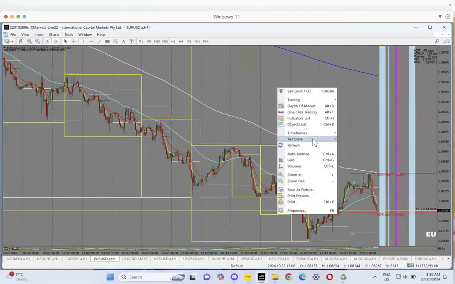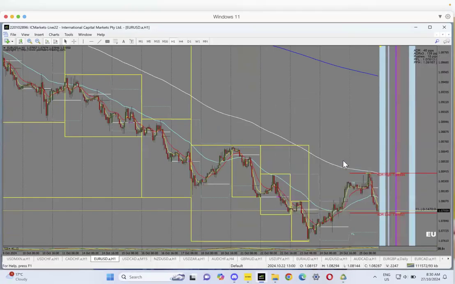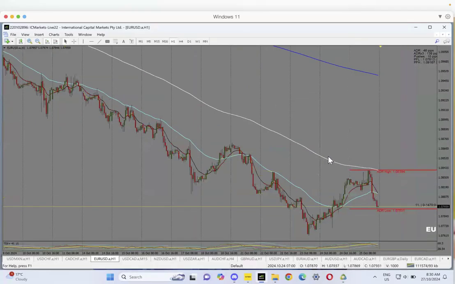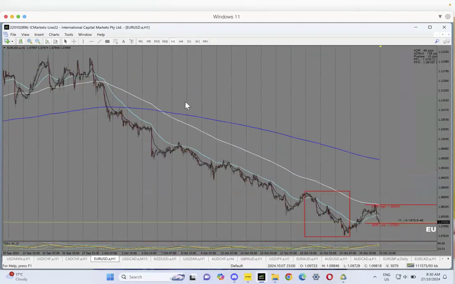If you look at Euro USD, it's a totally different story. The reason being it's a different story is because you already have your level 3 there, and Euro USD actually did throw in some good levels, something that I really loved.